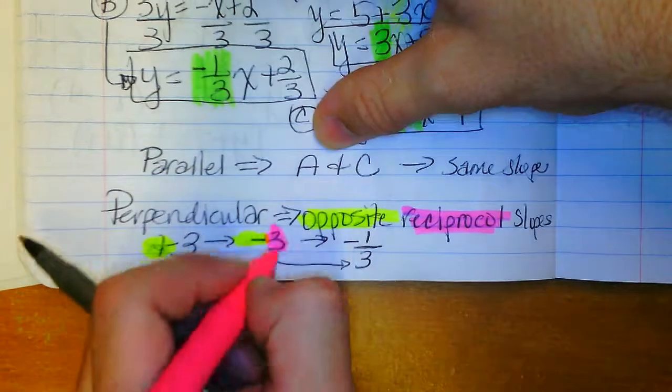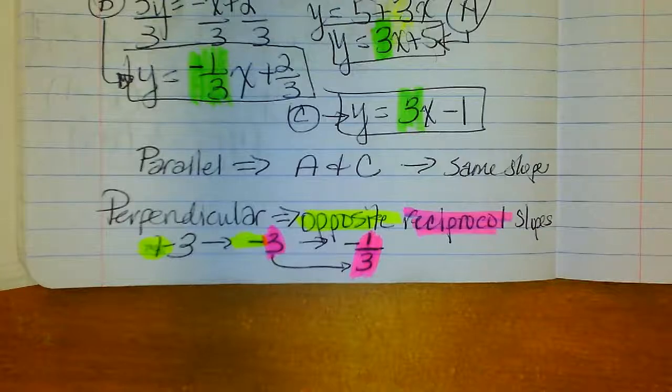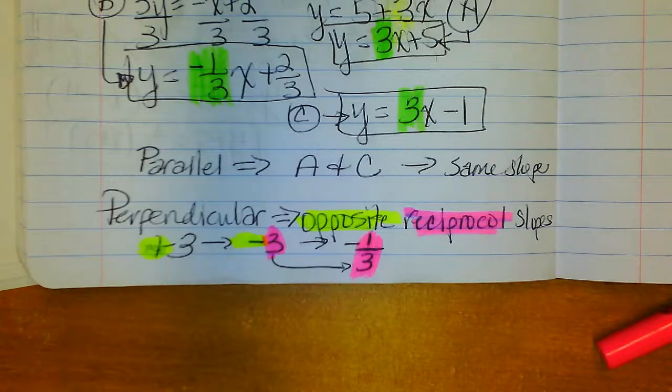Aquí 3 está 1 sobre 3. Reciprocal dice pone una fracción. Y oposito dice positivo o negativo. Son dos cosas. Mira aquí en A o C y luego en B.